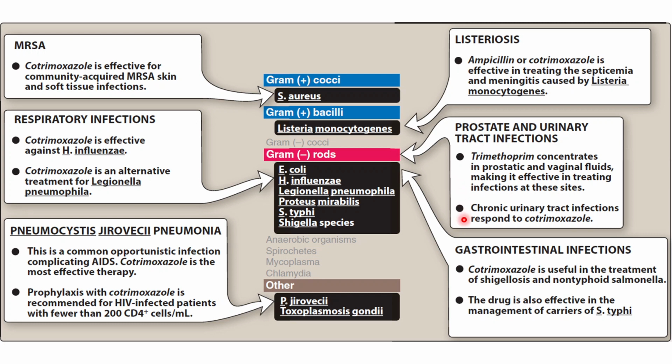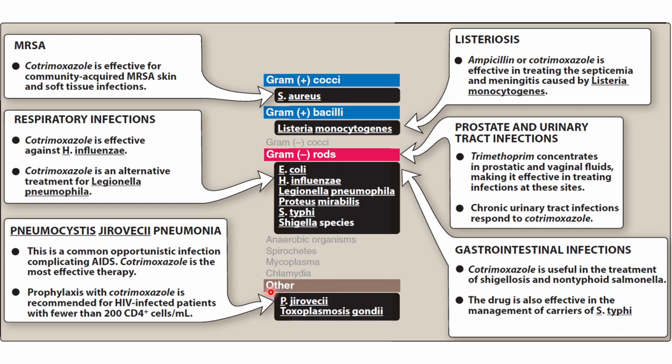But also chronic urinary tract infections can be treated with the cotrimoxazole. Then GI infections by Escherichia coli and Salmonella typhi and Shigella species, and also by Proteus mirabilis, can be treated with the cotrimoxazole as well, and can be used for the carriers of Salmonella typhi.